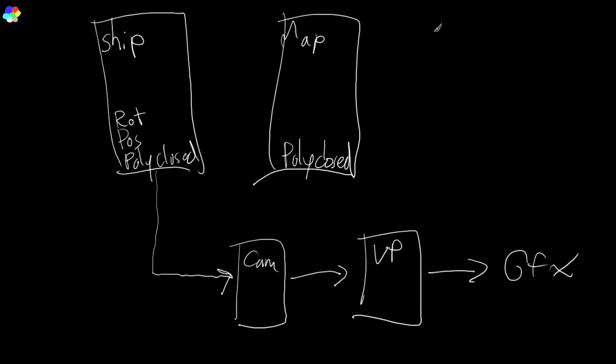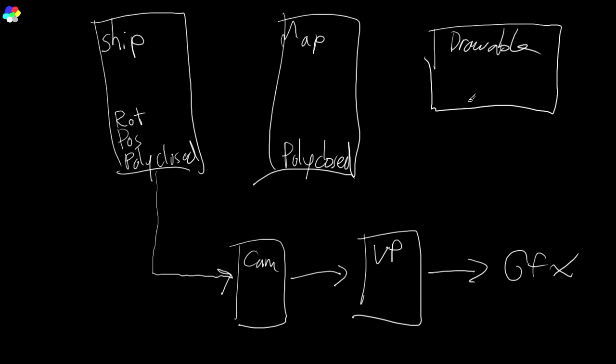So we have a class here, drawable, and it's going to contain our matrix, which is going to be for our transformation. It's also going to contain a rect something, rect F or rect I, I can't remember, and that's going to be for clipping.